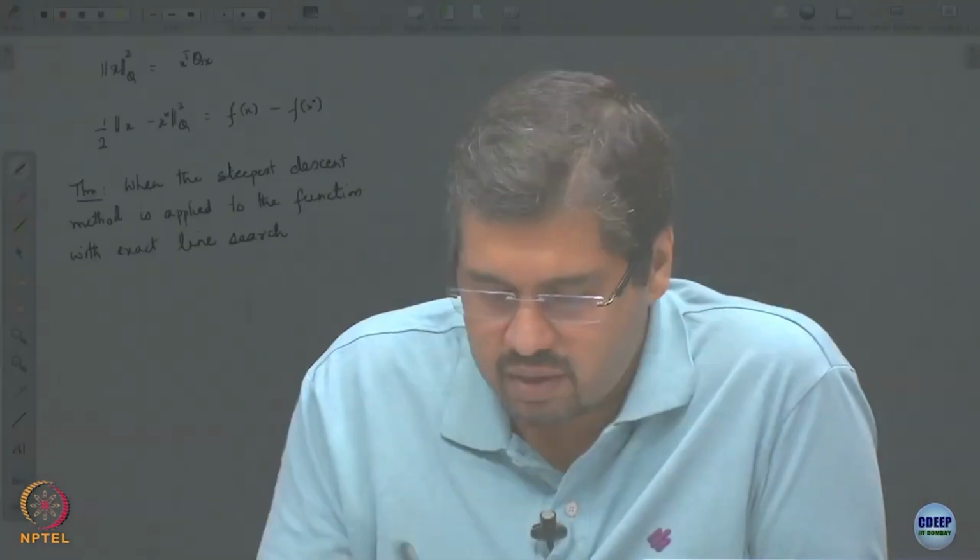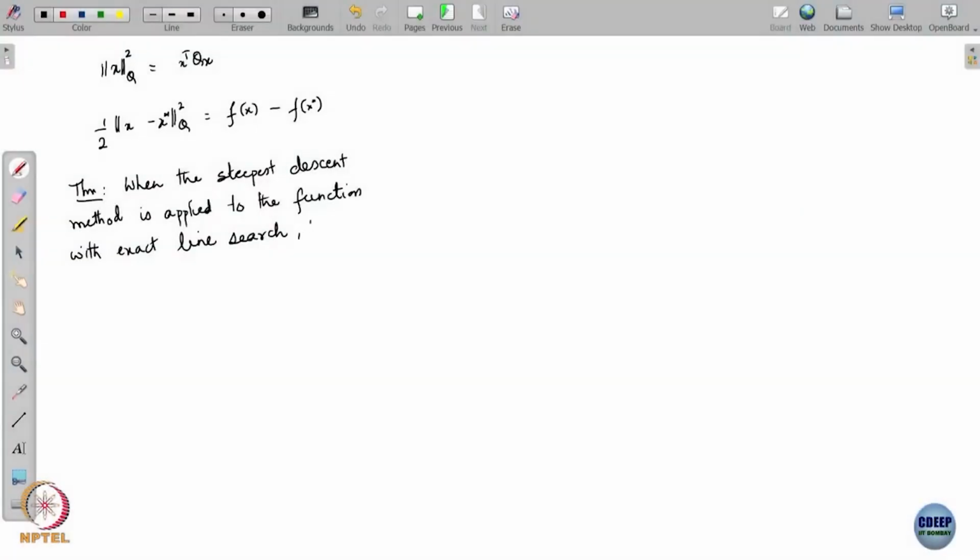So, with exact line search, what do we get? We find that the squared Q norm of x_{k+1} minus x star is less than or equal to lambda_n minus lambda_1 divided by lambda_n plus lambda_1, the whole squared, times the squared Q norm of x_k minus x star.